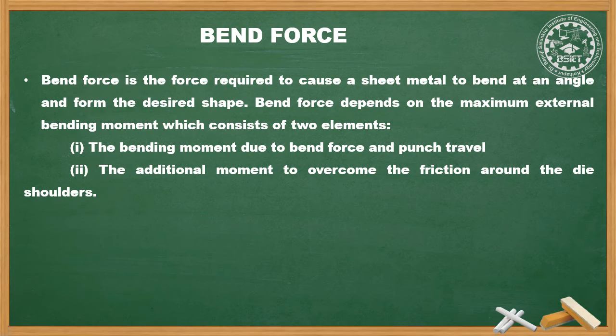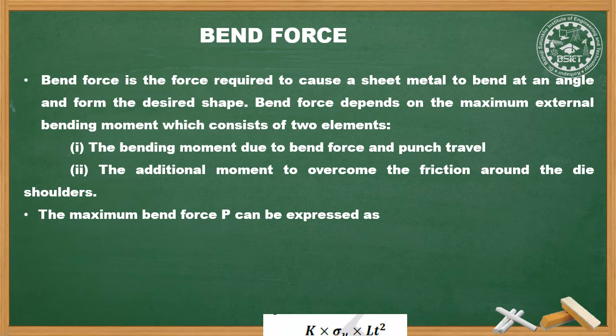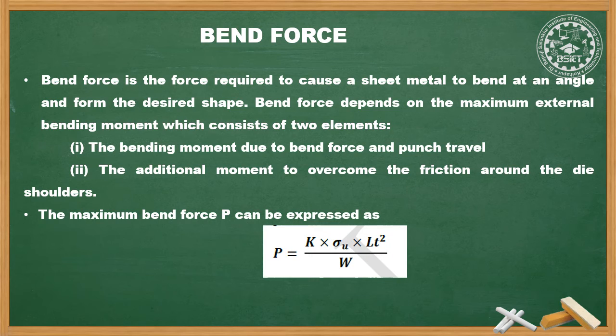Bend force can be estimated by assuming the process as a simple beam bending. The maximum bend force P can be expressed as P is equal to K into sigma u into L into T square upon W, where P is the maximum bend force.